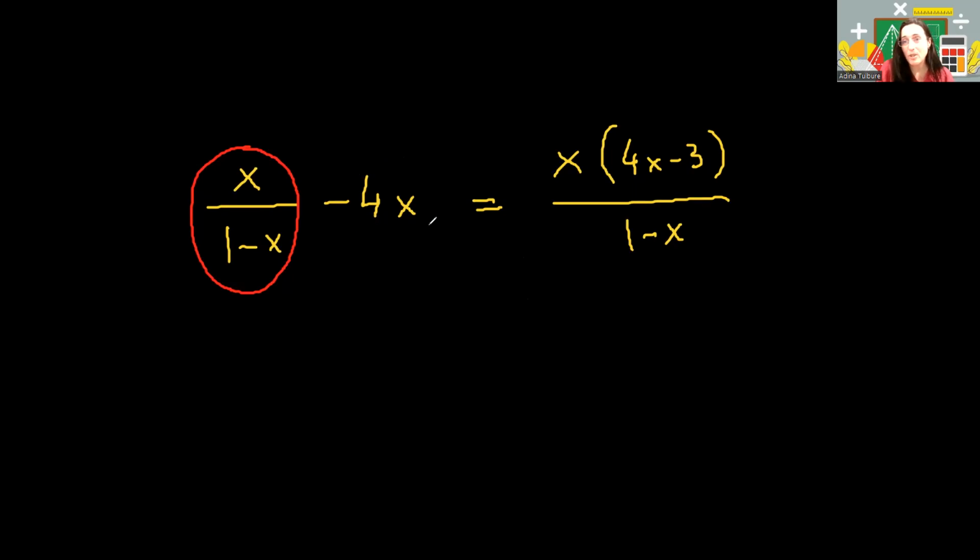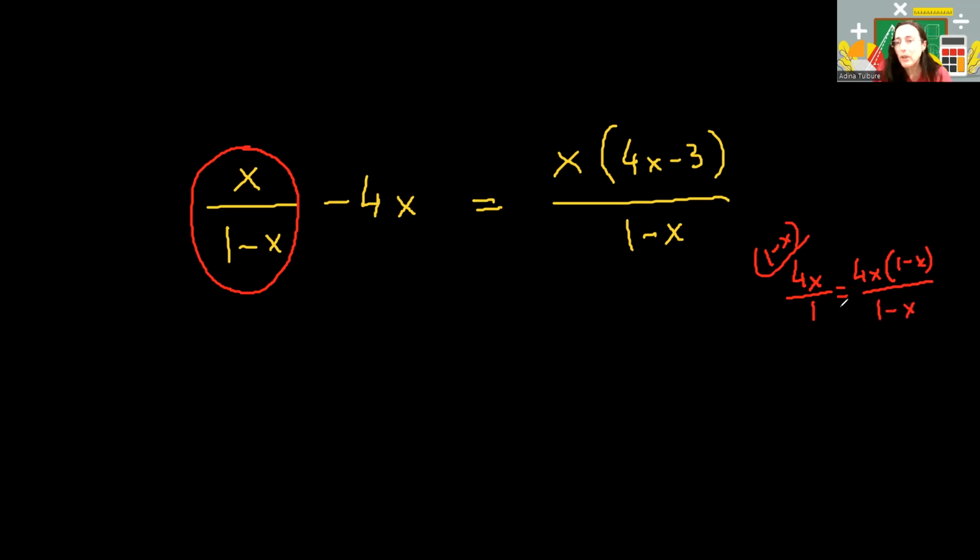So I have the same denominator. Let me make a note here. So 4x over 1, if I amplify it by 1 minus x, I'm going to end up with 4x times 1 minus x over 1 minus x.